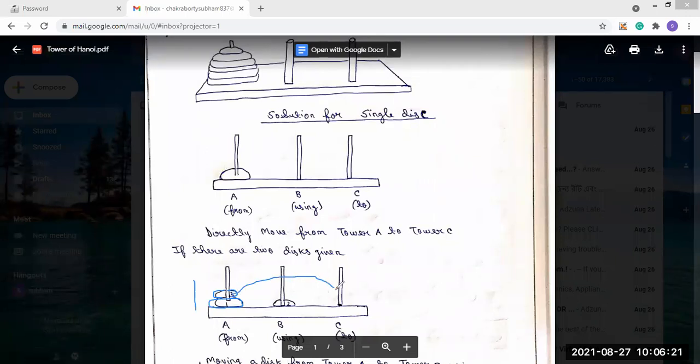If we directly move the two disks to tower C, disk 2 will be moved first, and after that disk 1 will be moved. That violates the rule, because the smaller disk 2 would be below and the larger disk 1 would be placed over the number 2 disk.